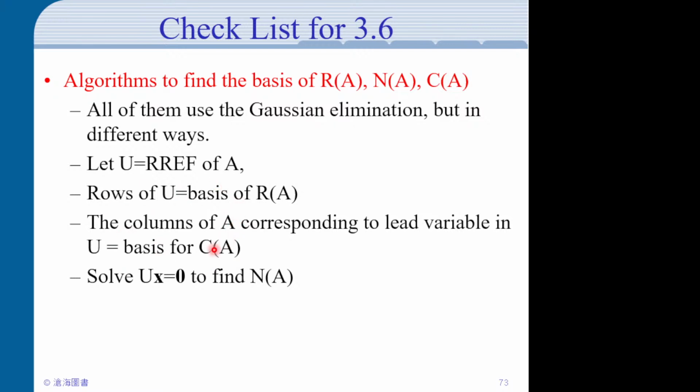Okay. And finally, you can find the null space of A. It's a bit complicated to write down, but remember you are basically solving Ux equals 0. And here the dimension of N of A is equal to the number of free variables.